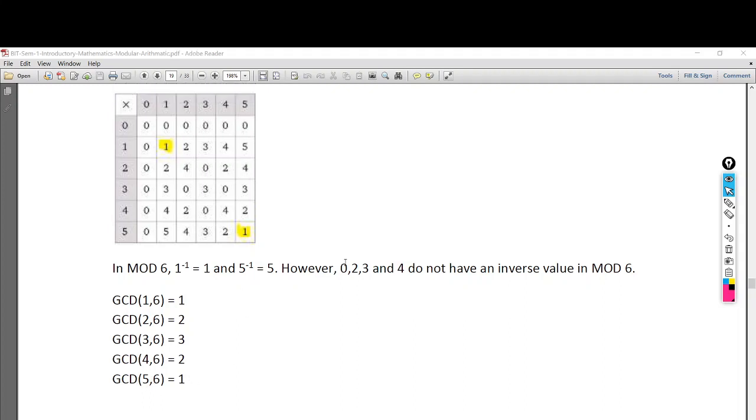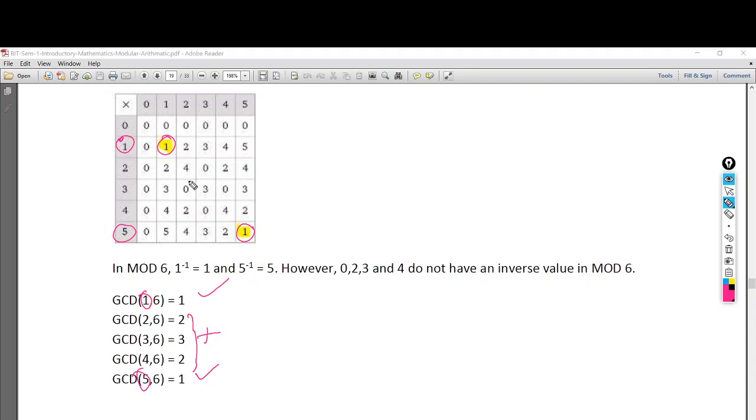So that means 1 has a multiplicative inverse, and 5 has a multiplicative inverse. 2, 3 and 4 don't have a multiplicative inverse. So only 1 and 5 have a multiplicative inverse in mod 6. You can see there's a 1 here and a 1 here, and for the others no combination resulted in 1.